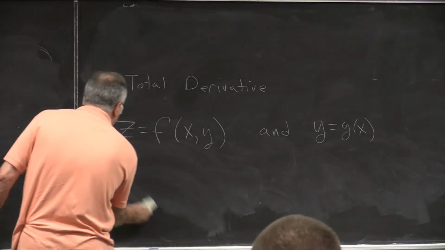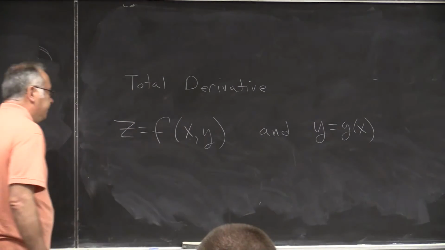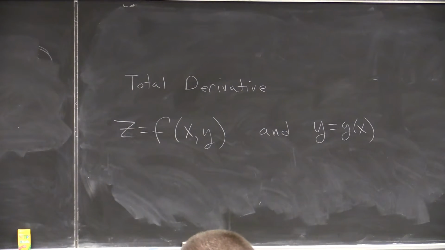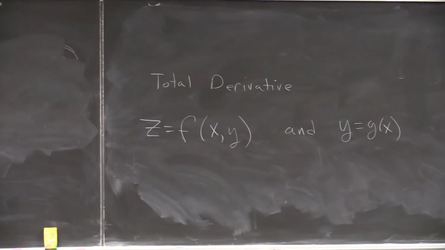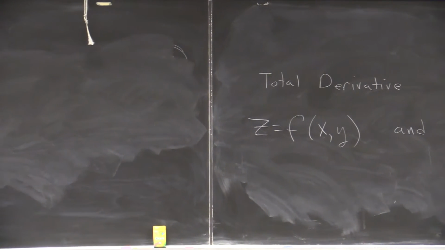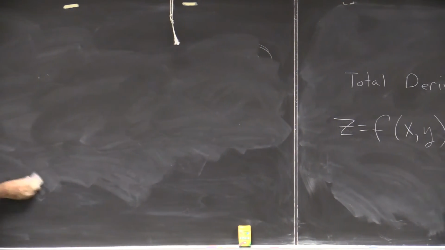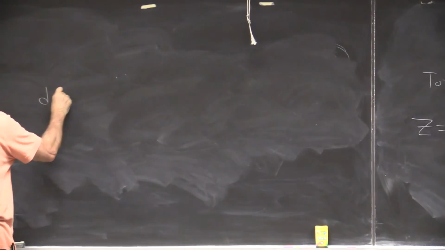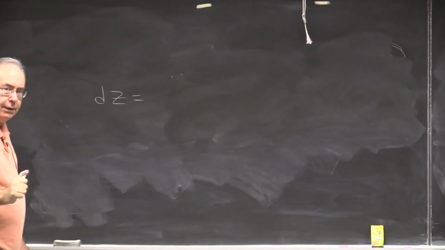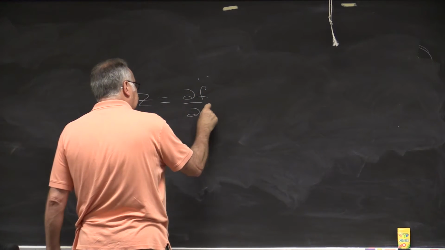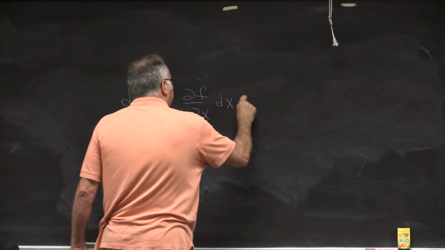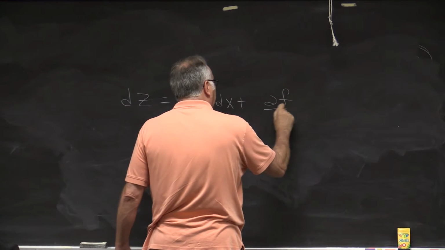Let me show you the easy way to remember this. I'm going to have to edit this. The easy way to remember this is to first take the total differential. What is dz? dz must be partial f partial x dx plus partial f partial y dy.